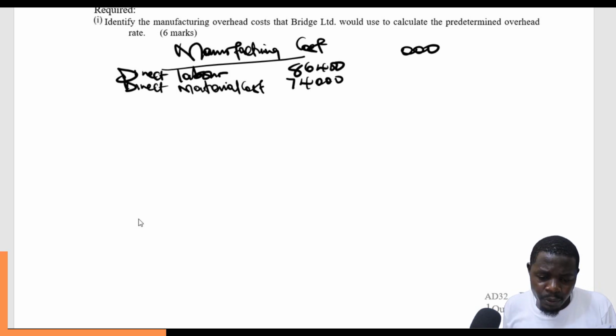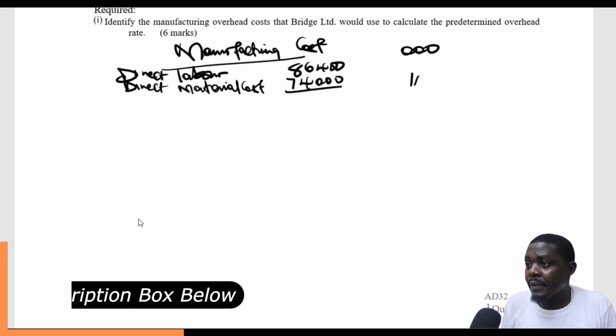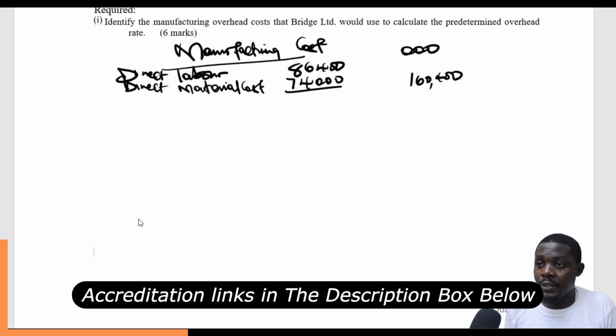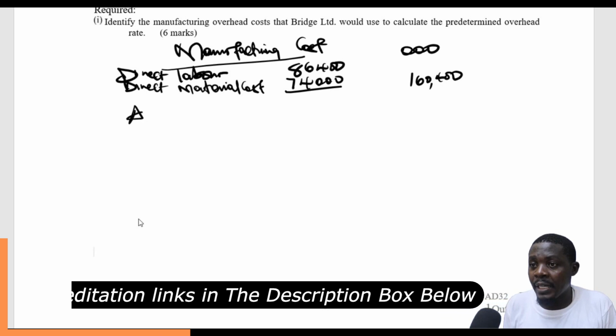Any other variable cost from the list, we don't have. Therefore, we can do the computation of 86,400 plus 74. We have 160,400. Then we have to add indirect cost.